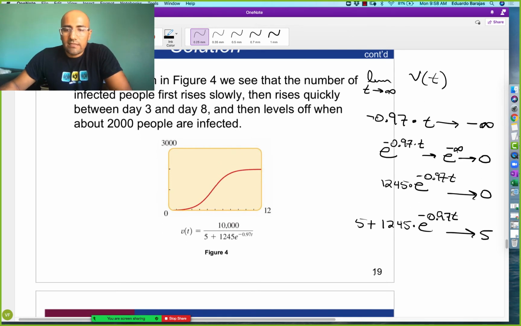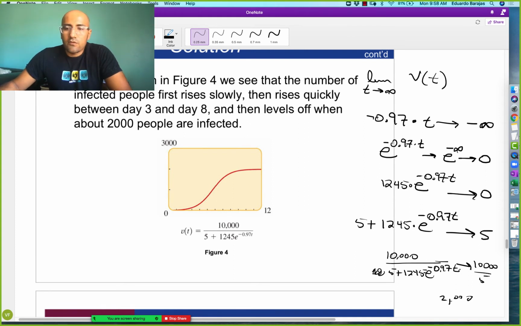And so, as t goes to infinity, that division of 10,000 divided by this whole ugly thing, 5 plus 1245 e to the negative 0.97t, just kind of grows toward 10,000 divided by 5, which is where we get the 2,000.